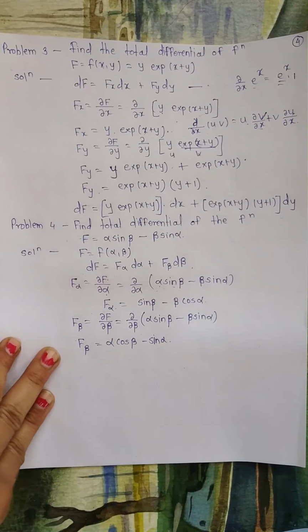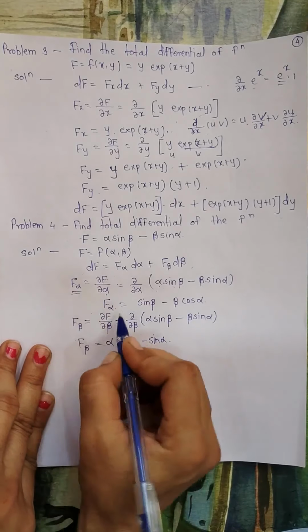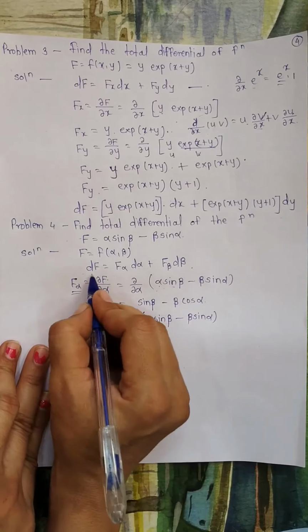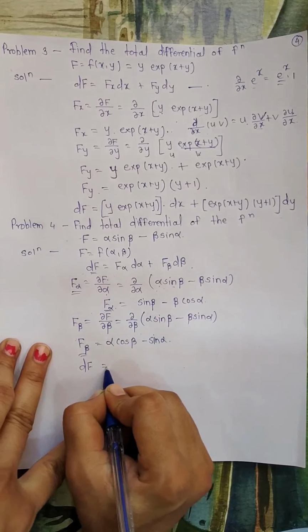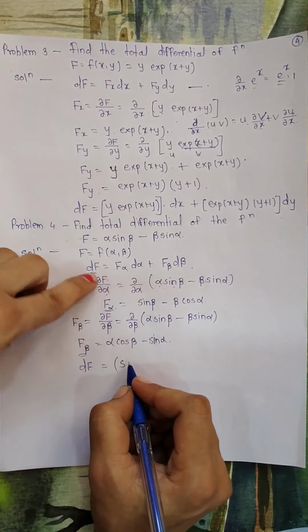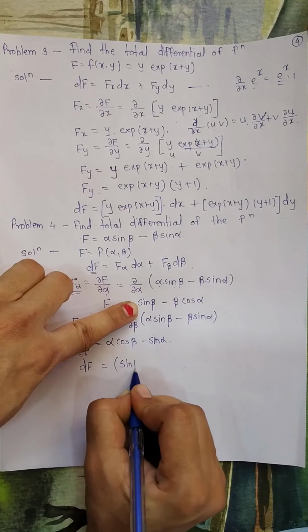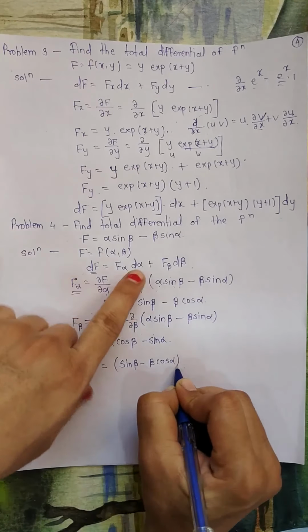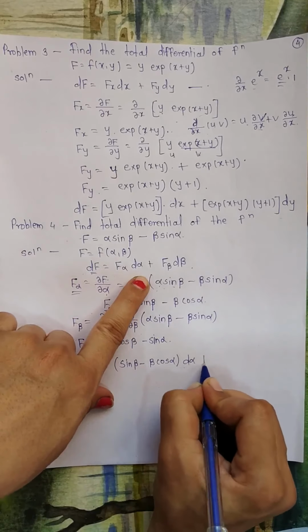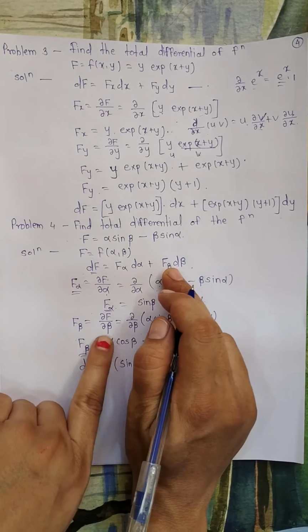Now we will substitute both f alpha and f beta in df. We will get df equals f alpha, which is sin beta minus beta cos alpha, into d alpha plus, put f beta.